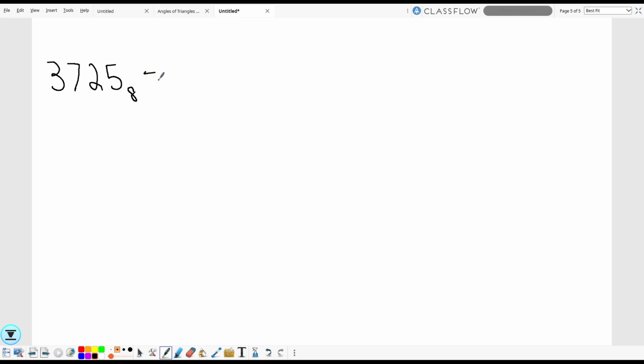In base 8, it's broken down into powers of 8. Just like that previous example where we broke it down into powers of 10, now we break it into powers of 8. And we write this little 8 as a subscript because that means we're working in base 8. So we can look at it like this.